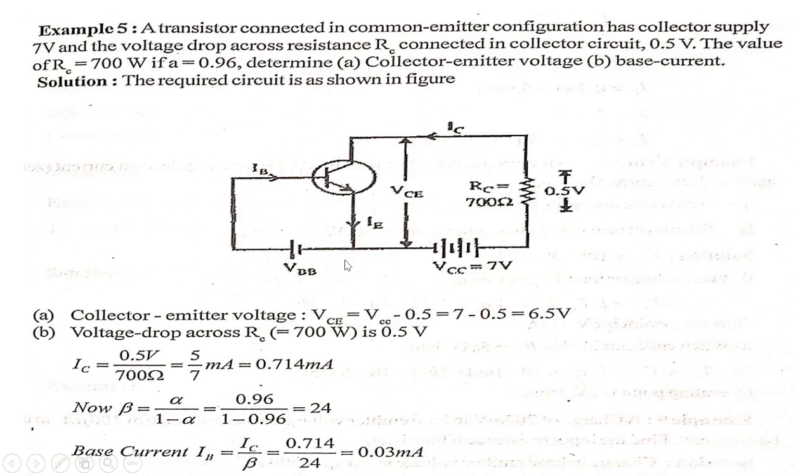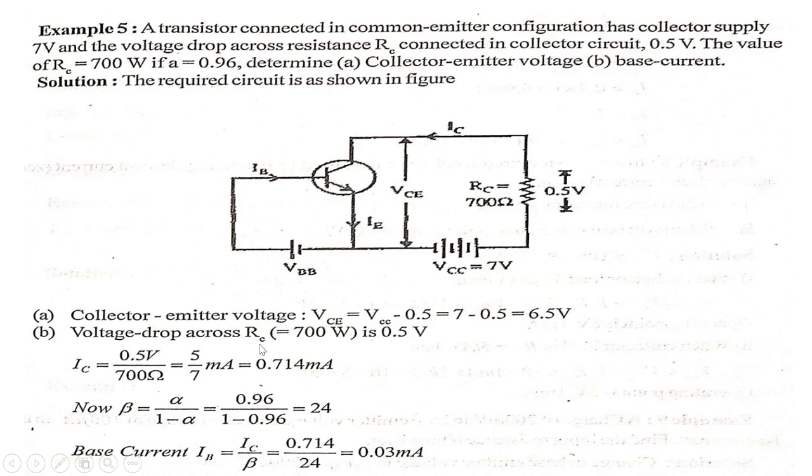So here VCC is given, that is 7 volt, RC equal to 700 ohm, and collector current IC here, and here collector emitter voltage VCE, that is equal to VCC minus 0.5, so that is equal to 7 minus 0.5 equal to 6.5 volt, that is VCE, voltage between collector and emitter.